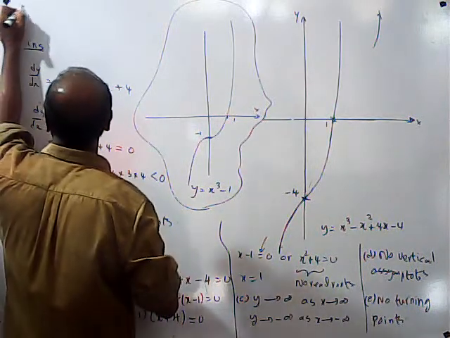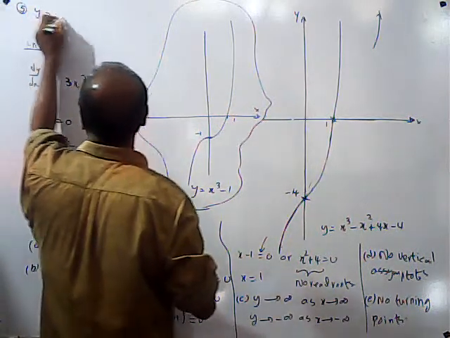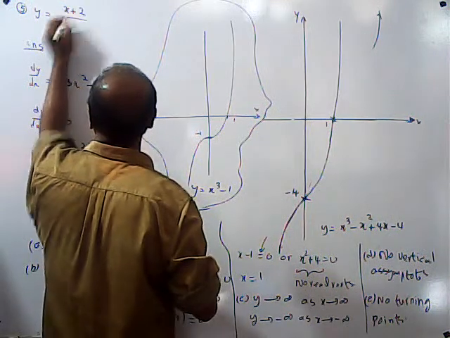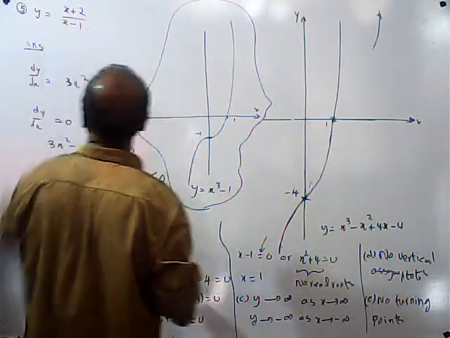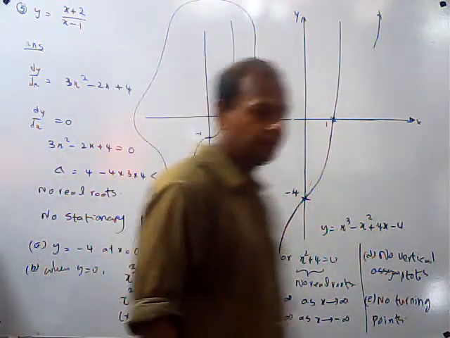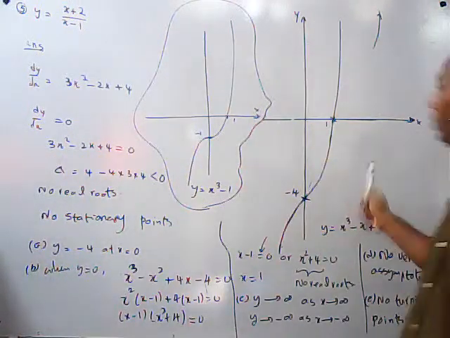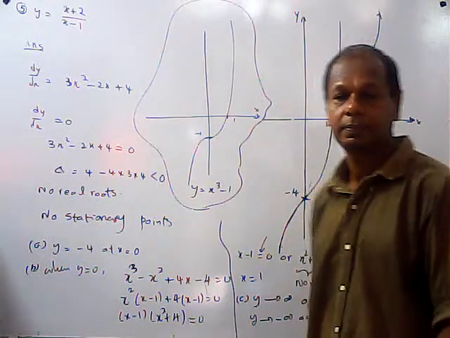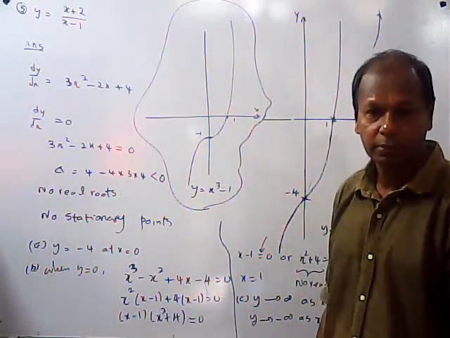Then number 5, y equals x plus 2 over x minus 1. Finish quickly and you can go to the last one, x plus 2 over x minus 1.